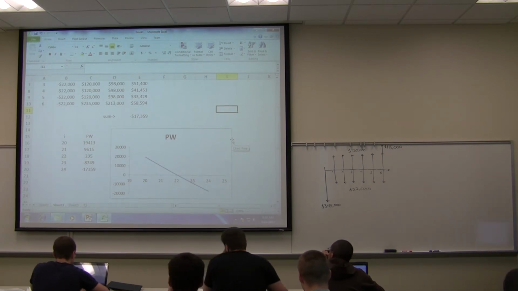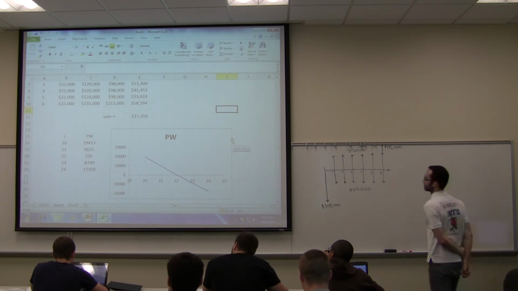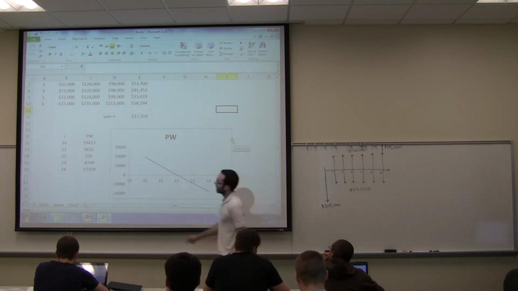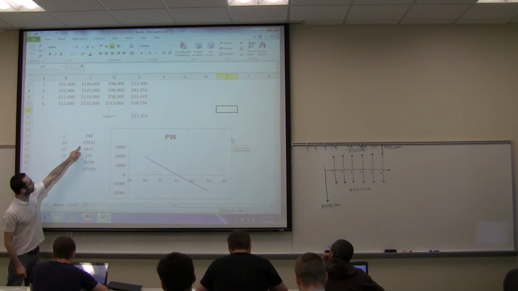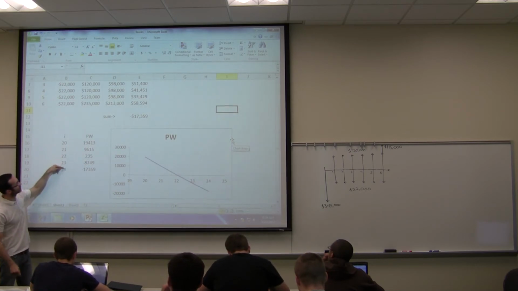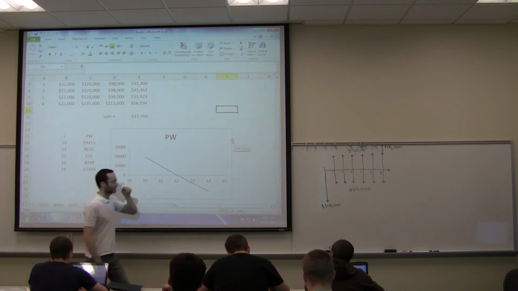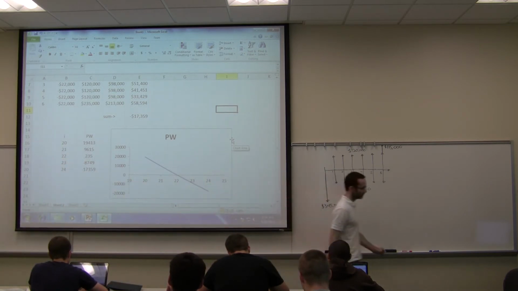So we can gather that data just by changing the interest rate. And we note down when we typed in 0.2 for the interest rate, what was the present worth. We key in different interest rates, find out the present worth, and create a chart similar to what we saw in the notes.